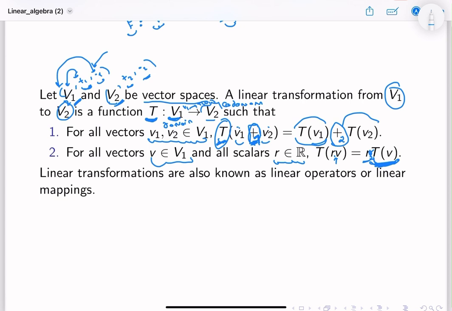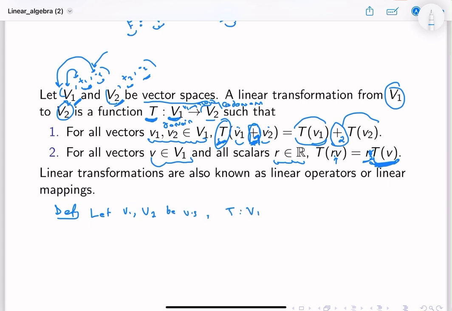Sometimes, just to save time, in order not to check two properties, you can check them at once. You can check that the two of these hold at the same time. In other words, here's an equivalent definition. Let V1 and V2 be vector spaces.